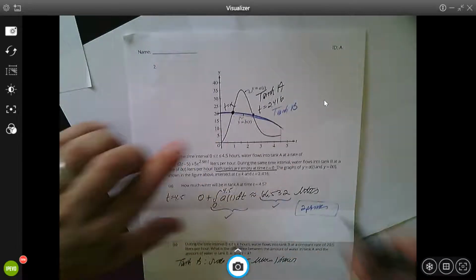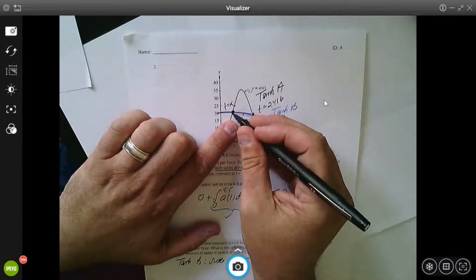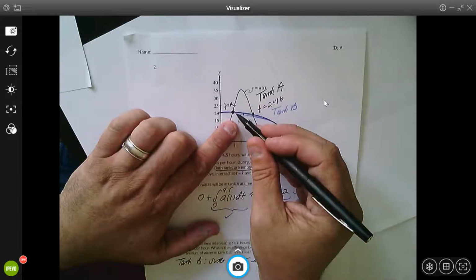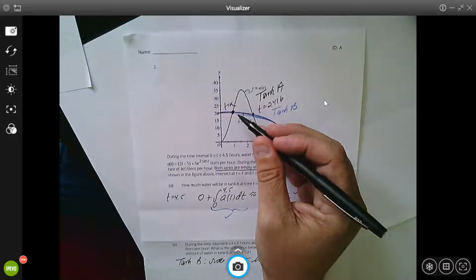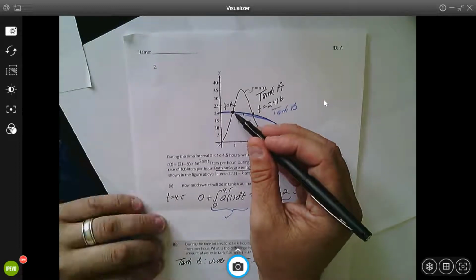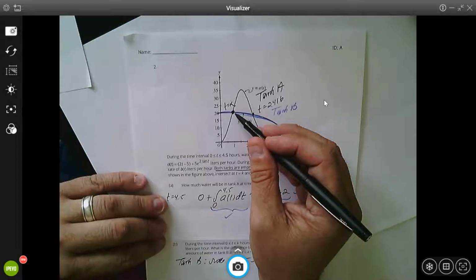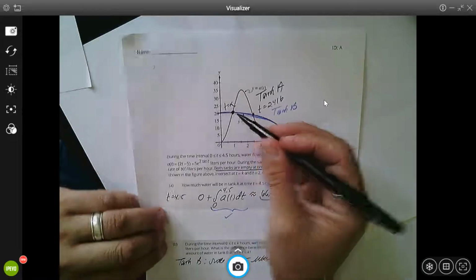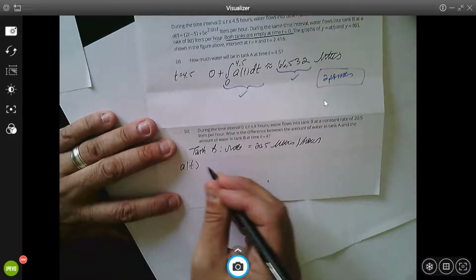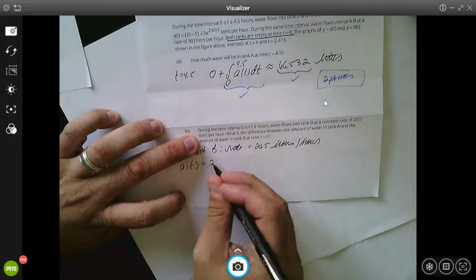Let me pull this up. At t = k, A(t) and B(t) are the same rate. That's the key here. So what I need to do is set these two values equal to each other. We've got A(t), the function that they gave us in the beginning.